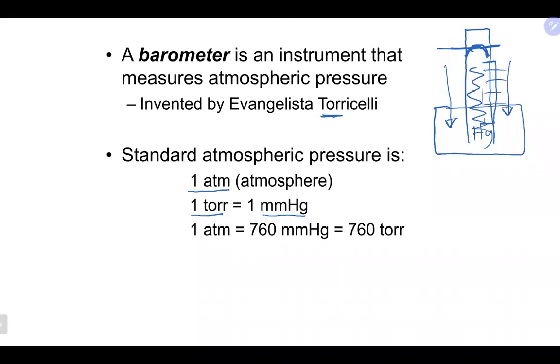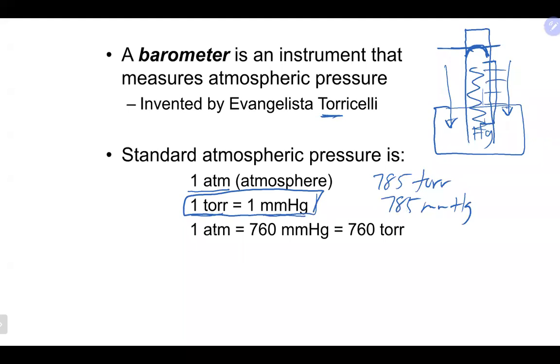So mmHg is basically like reading a ruler of where the mercury is. mmHg and torr are equivalent to each other, so it is a 1-to-1 conversion. If you had 785 torr, you would have 785 millimeters of mercury. It's an exact 1-to-1 conversion between them.